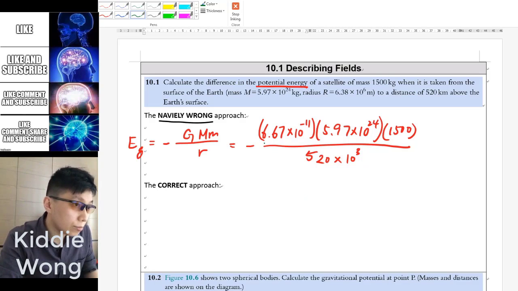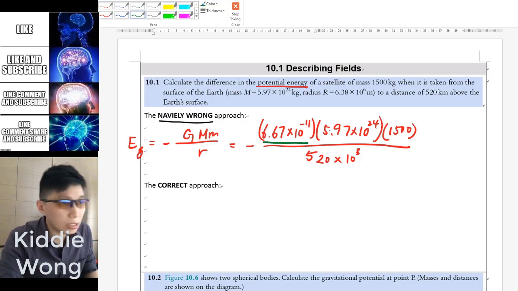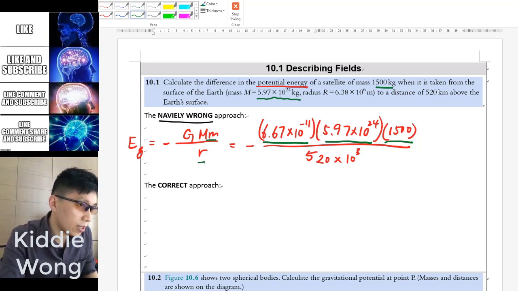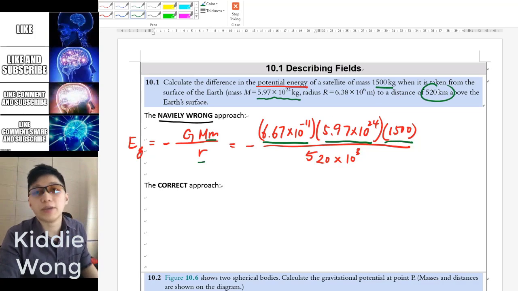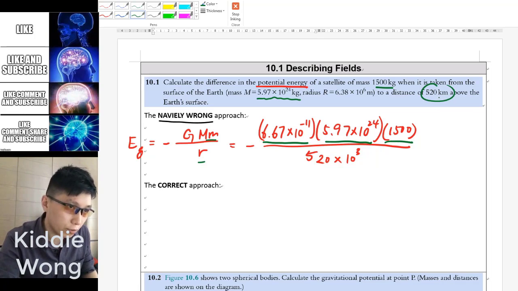Okay, so the big G is from the data booklet, the big M is the Earth, 1500 is the small m, which is the satellite mass, and R is simply the distance that you get from the question. And of course, I won't be stupid to forget to change it to meters, so times 10 to the power 3. So let's try to press a calculator and find the answer.